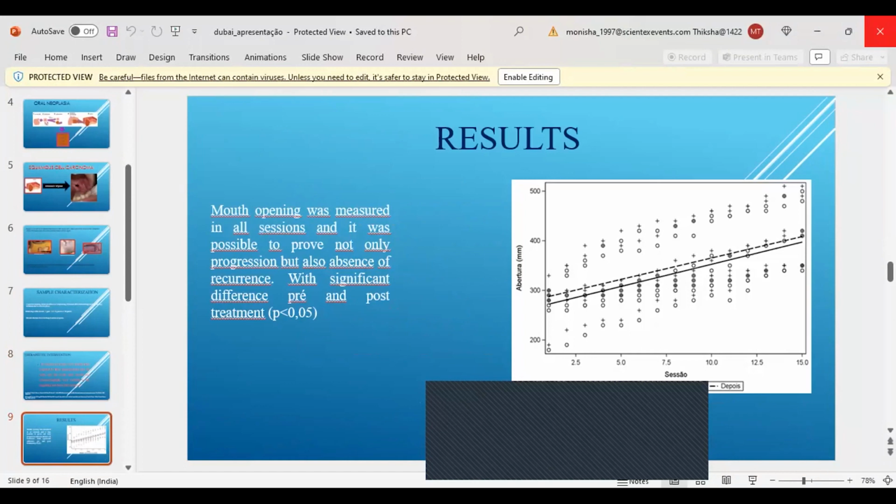The results show mouth opening was measured in all sessions, and it was possible to prove not only progress, but also absence of recurrence, with significant difference pre- and post-treatment.